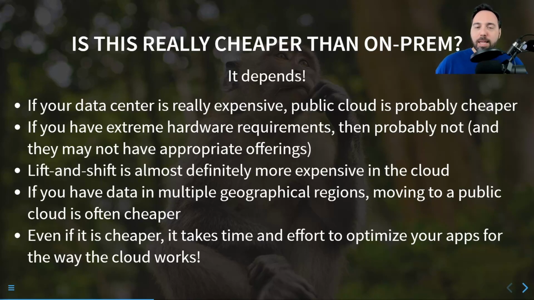But I will say, even if it is cheaper, it does take some time and effort for you to translate what works well on premises, when everything is co-located in the same building, versus when you have resources that may be spread out across a country or multiple countries.